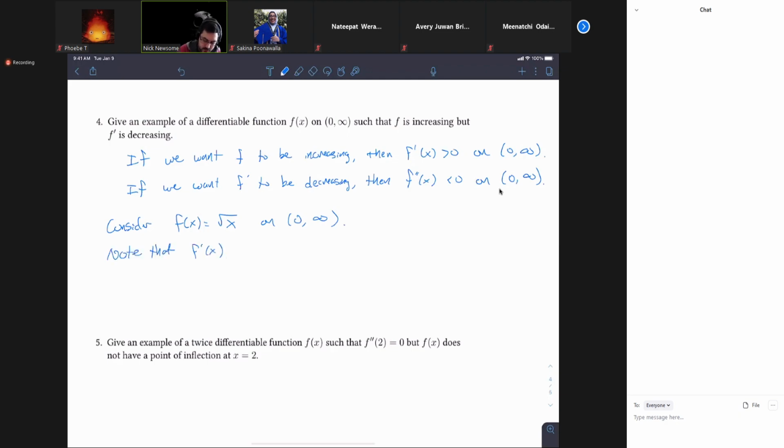Okay, if I take the derivative, I get 1 over 2 times the square root of x, which is still defined. The only problem would be at 0, but we're not including 0. We have this open parenthesis here. If I take the square root of a positive number, I get something positive. And then all I'm doing is dividing by it, and then multiplying by 1/2. Always going to be positive.